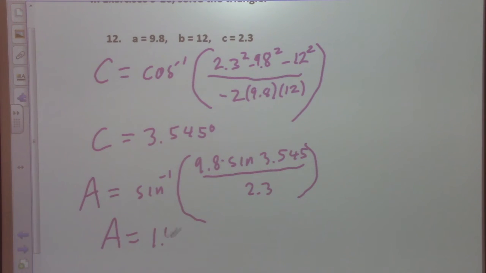So big A is equal to 15.275 degrees. Let's get some decimal places out of this. Then you have angle C, angle A, and angle B is going to be 180 minus these, right?